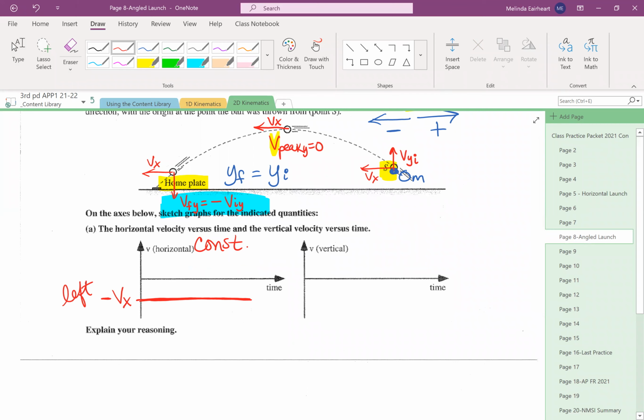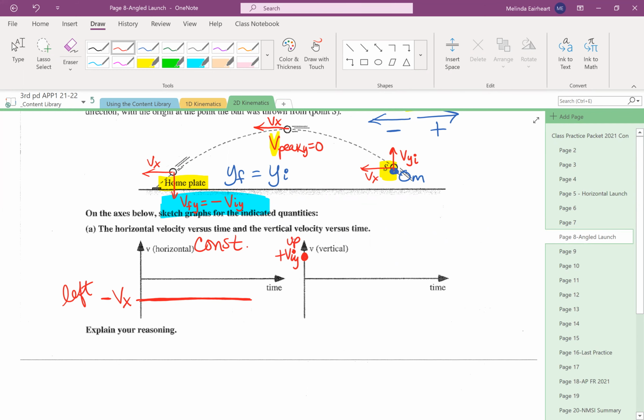What about the vertical velocity? We start going what direction? Up. We end going down. They said up is positive, so maybe we start with a positive initial vertical velocity up. They defined up as positive. And then at the end, we got a little symmetry going on.